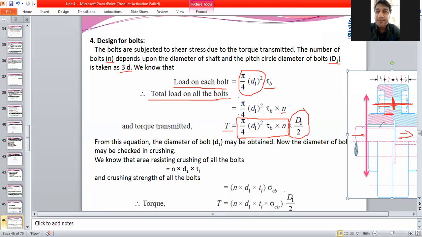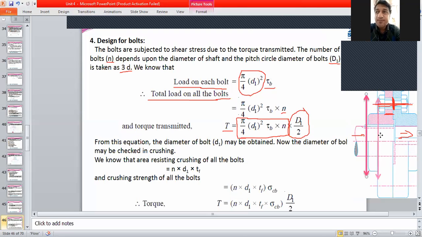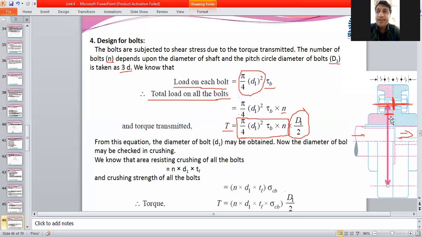Am I right? So the pitch circle diameter you have to take, because this is the pitch circle which we have decided. So this is the pitch circle, and we have to take the torque which is acting at this pitch circle. That's why d1 divided by 2 is taken.